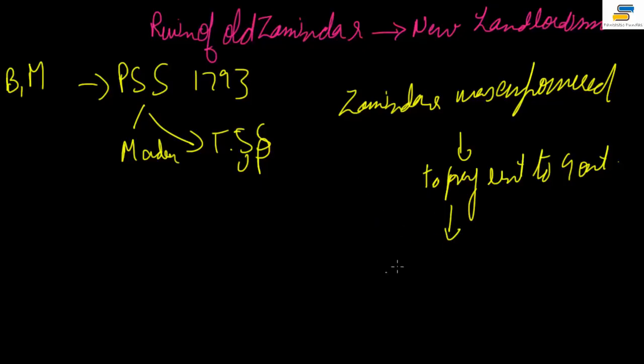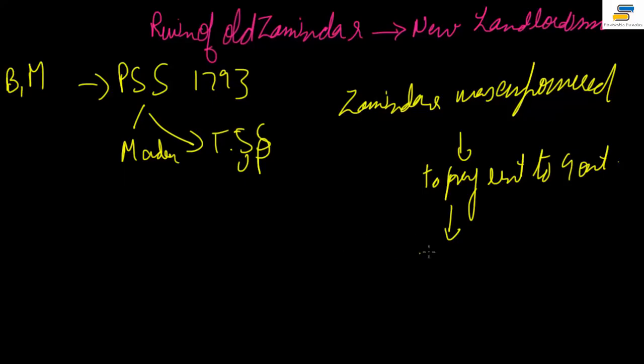That was the permanent settlement system: you can collect as much rent as you want. The government permanently settles the rent, and this is the rent you have to pay to the government. Whatever extra you collect, you can keep to yourself. So this was happening.